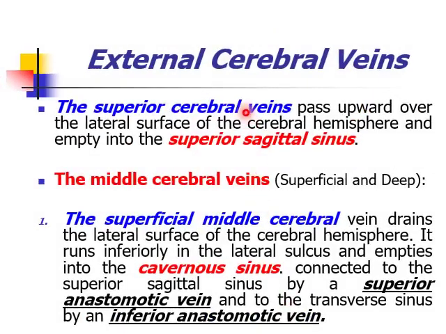The external cerebral veins are formed by the superior cerebral veins. These superior cerebral veins pass upward and over the lateral surface of the cerebral hemisphere and empty their blood into the superior sagittal sinus. The middle cerebral veins are divided into superficial and deep groups.